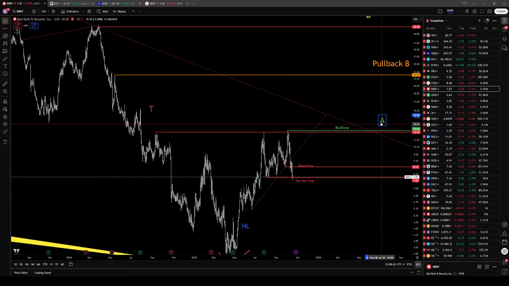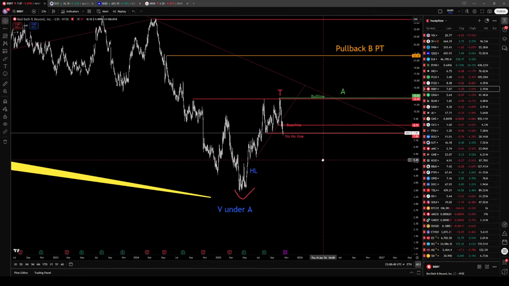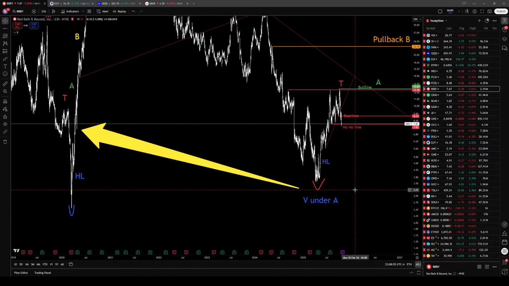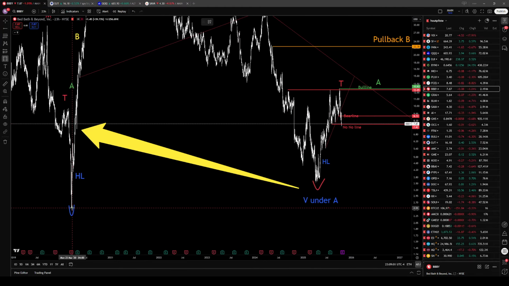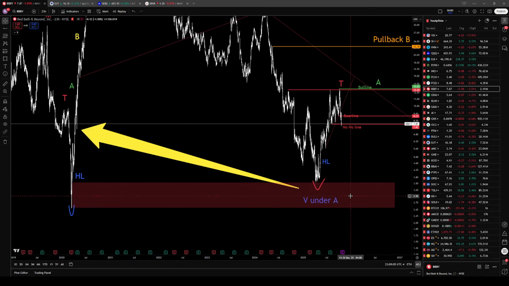For the bearish version, this was your T, and the next thing you're looking for is a new low down here. You will knife quick and strong and massive. The only question would be, do you do a higher low of this, or are you doing a new all-time low?